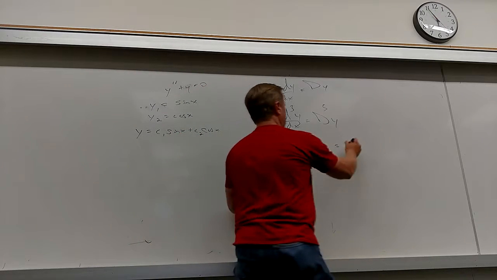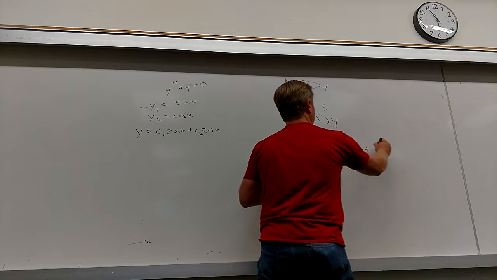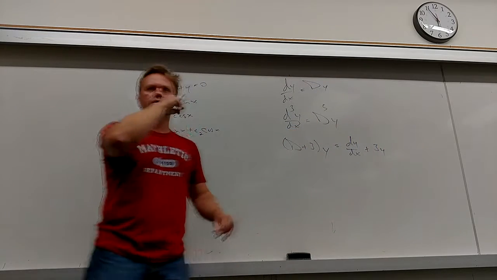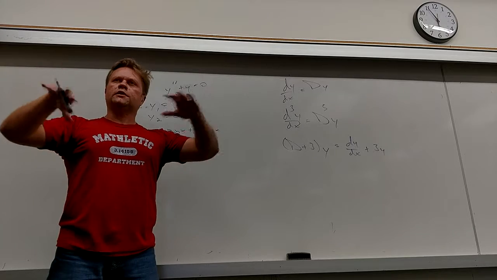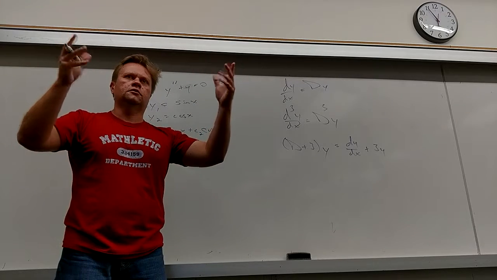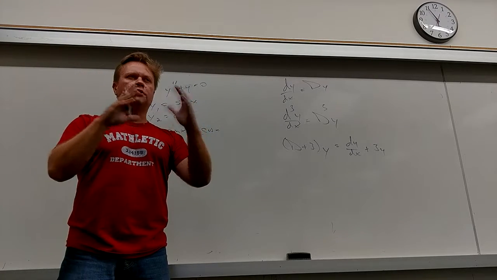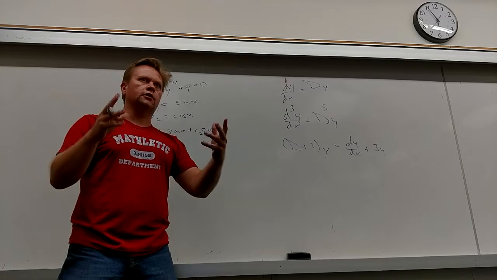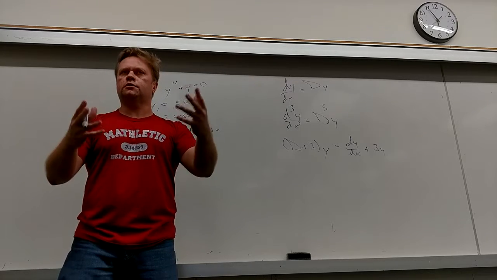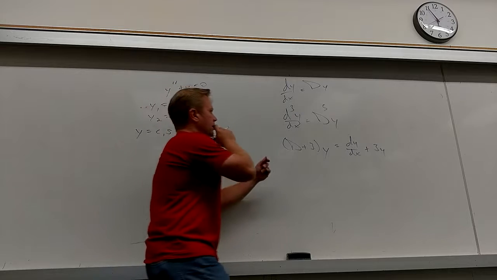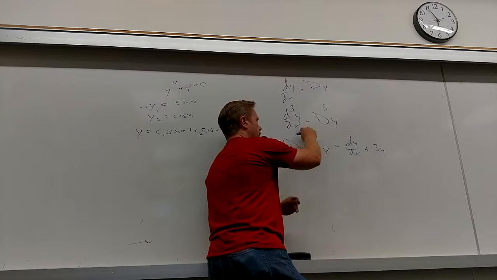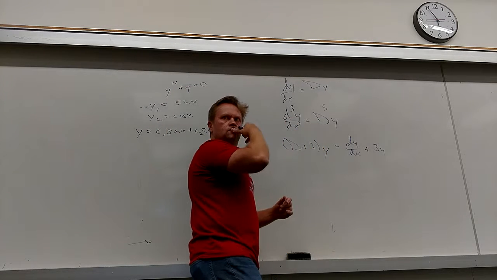So it would become dy/dx plus 3y. That's what that would represent. On one level, it's kind of like, okay. But it's going to make things look a lot easier. It's going to make our job easier later. But this makes it a lot easier to see and to remember that derivatives are linear.